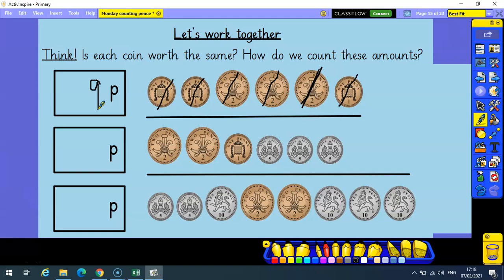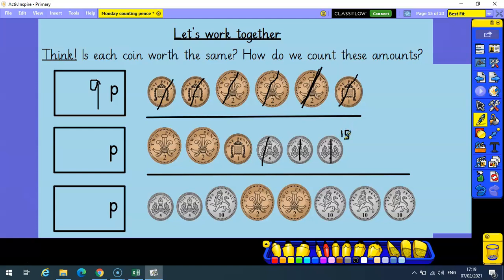Sometimes I need to write down little clues to help me, so I'll show you how to do that. So I've got some 2p's, a 1 penny and some 5 pences. Which one of these coins has the largest value? Yes, the 5. So I'm going to count the 5s first. 5, 10, 15.